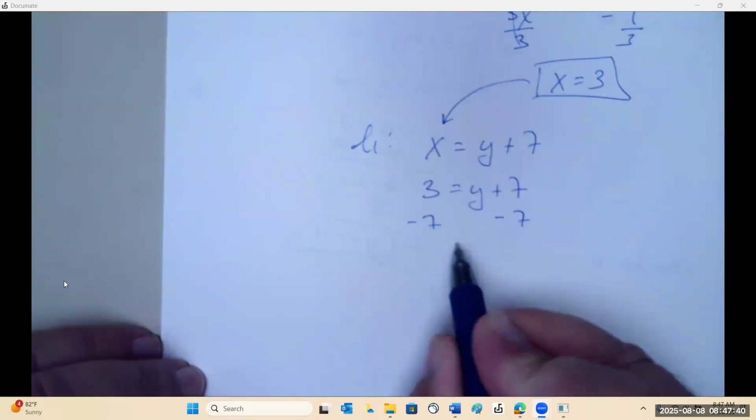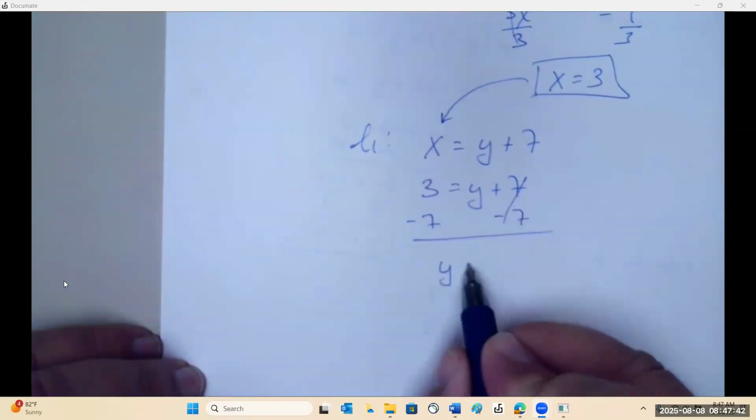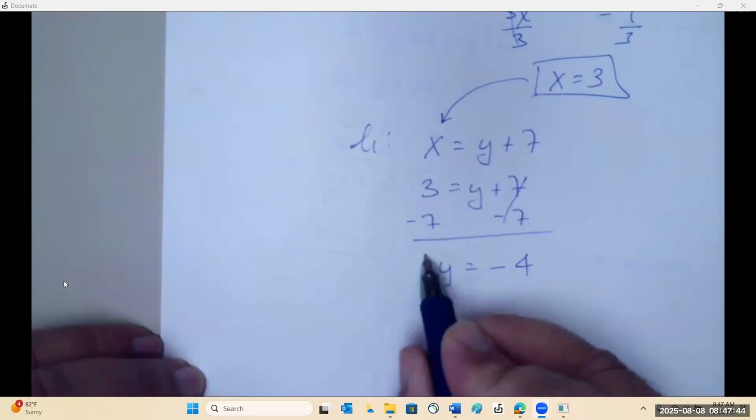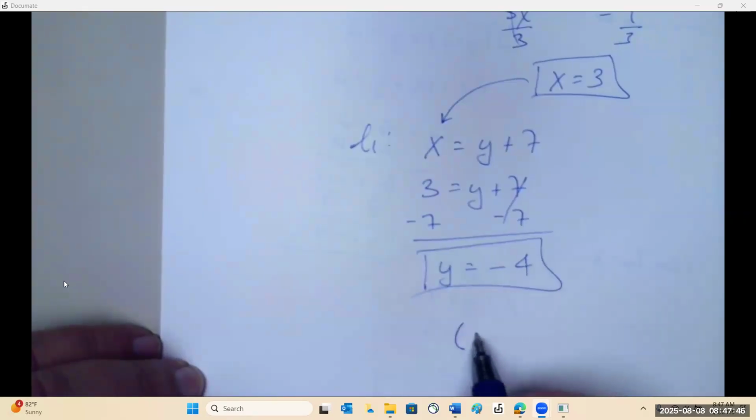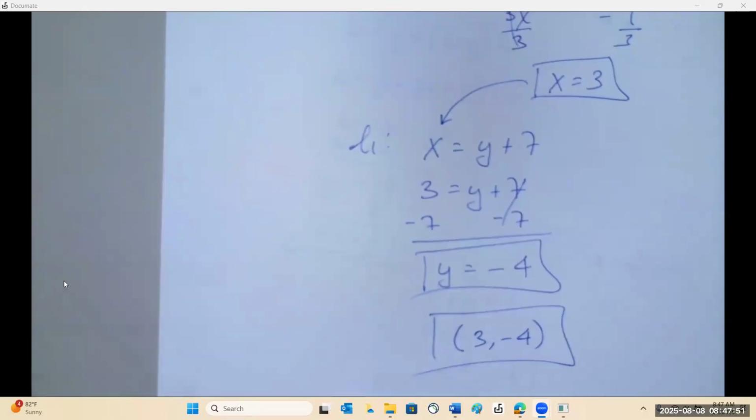Subtract 7 from both sides. So y is equal to negative 4. So our solution is (3, -4). What do you think? Pretty easy so far?